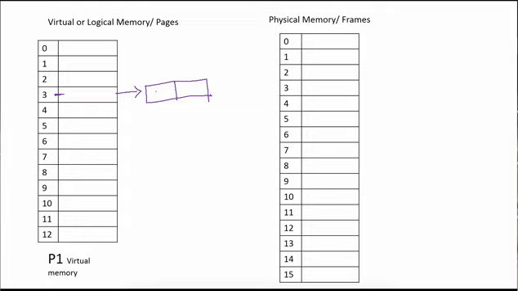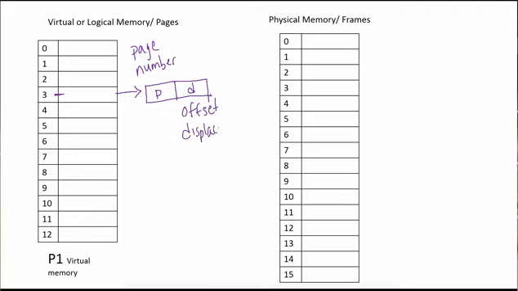The first part would be the page number. This P right here stands for the page number, and in this situation, it's page 3. But the other part of the address is made up of the offset, or D for displacement.